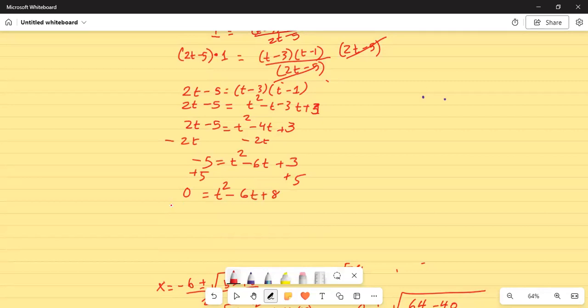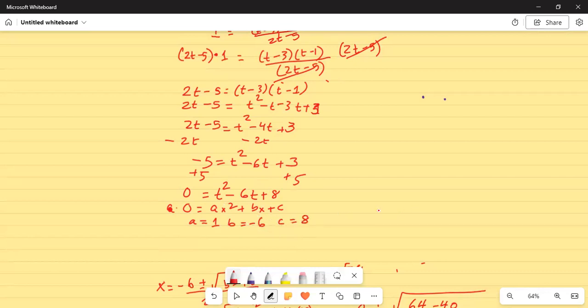Here, a is equal to the coefficient. So compare with ax square plus bx plus c equal to 0. A is 1, b is minus 6, and c is equal to 8.